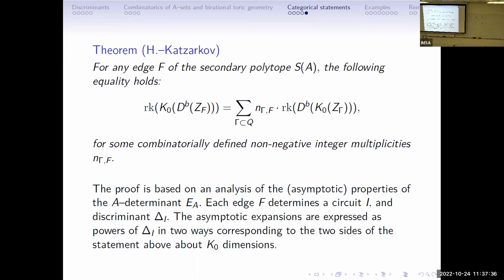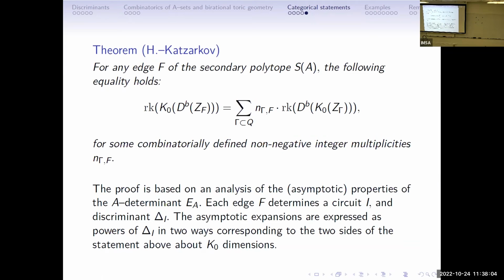when you compare the asymptotics, basically the crucial object here is this discriminant associated to a circuit. So I'll remind you, a circuit is this minimal set of vectors which are linearly dependent but not linearly independent.